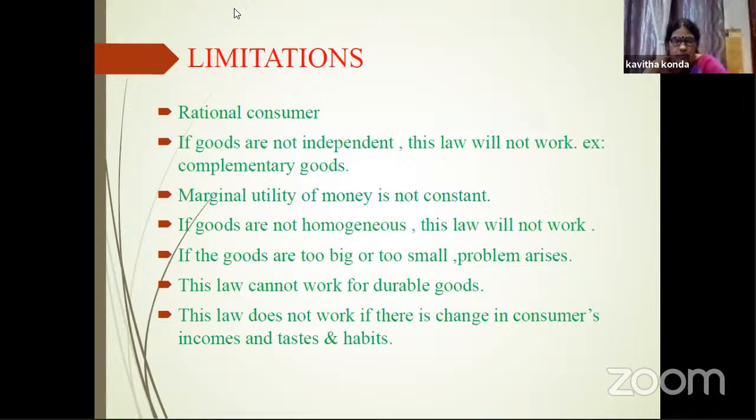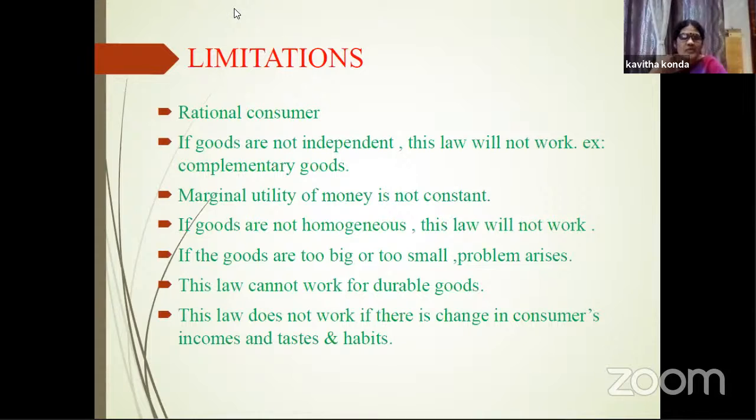According to Alfred Marshall, his definition is: if a person goes on consuming more and more units of a commodity, the additional utility he derives from each additional unit will decline. It will diminish. That's why we call this law the diminishing marginal utility. Marginal means the additional utility obtained from an additional unit of the commodity. So continuous consumption will diminish our utility, which is explained by him by giving some assumptions.